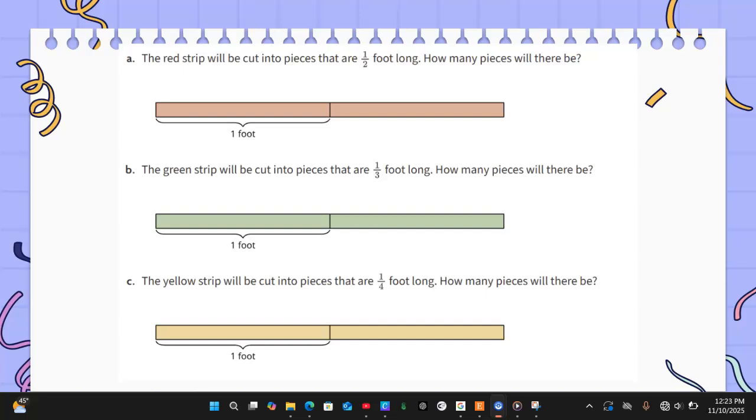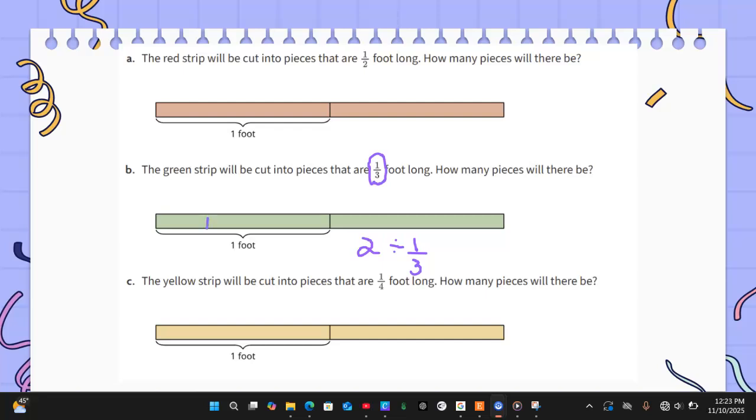Okay, let's do our next one. We have 2 pieces again, and we are now going to partition it into thirds. So it will be 2 divided by 1/3.